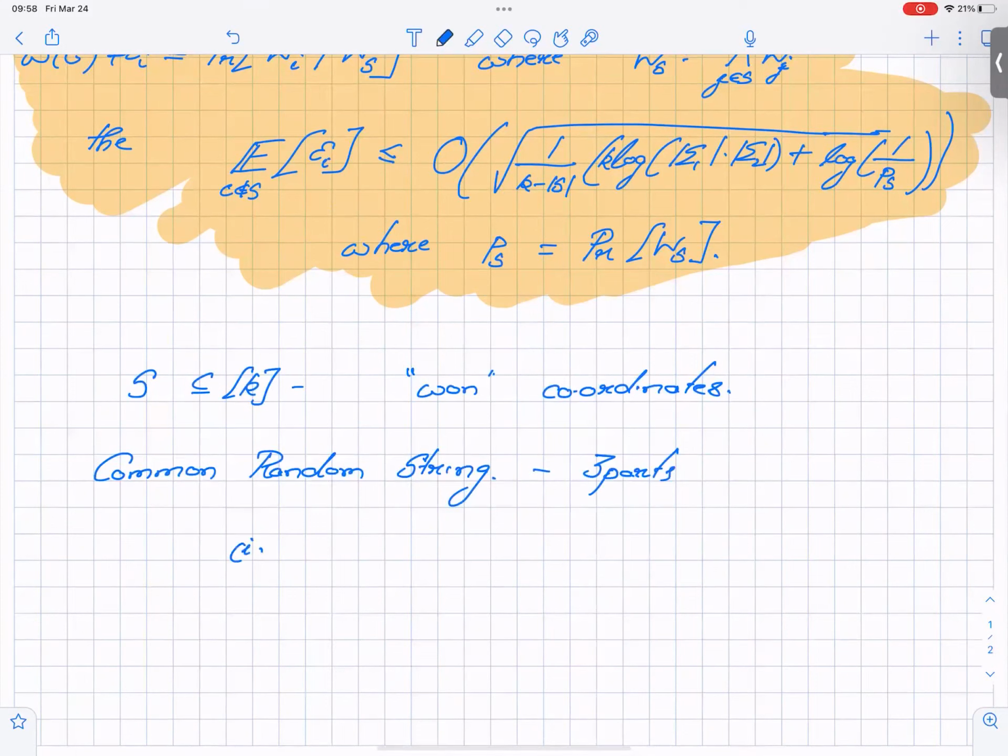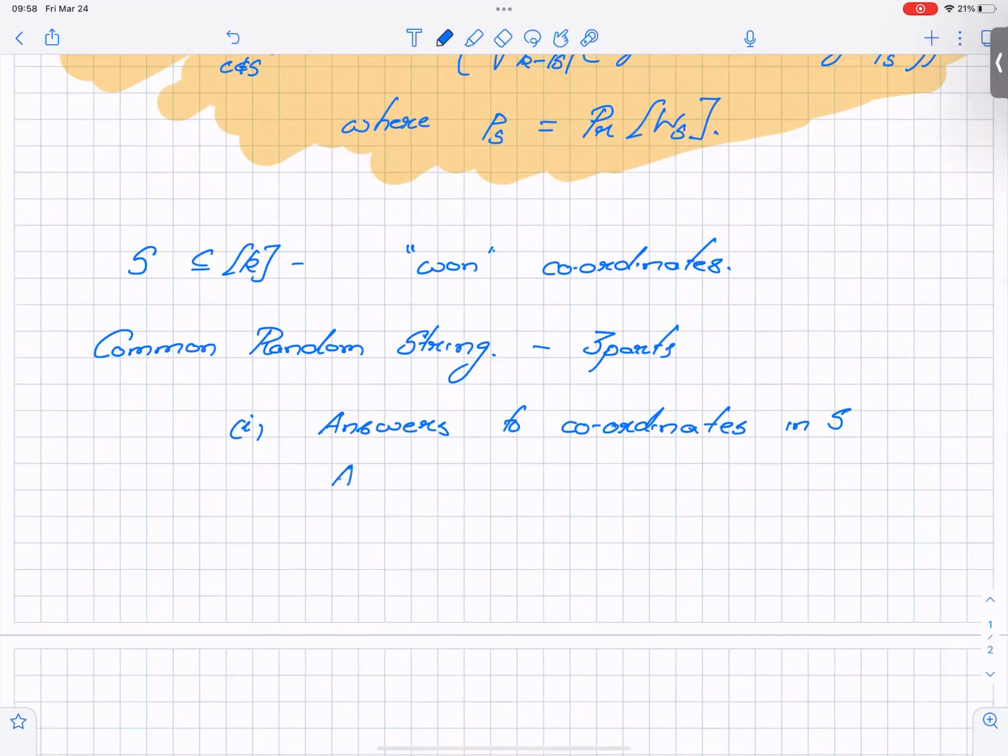The first part was the answers to coordinates in S. So this is a_i, b_i, this collection for i in S, which in short we call AB restricted to S.